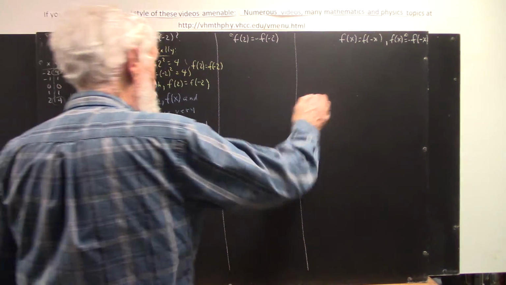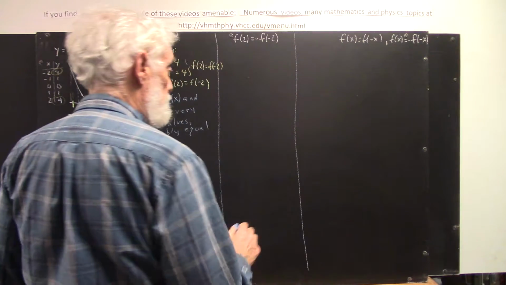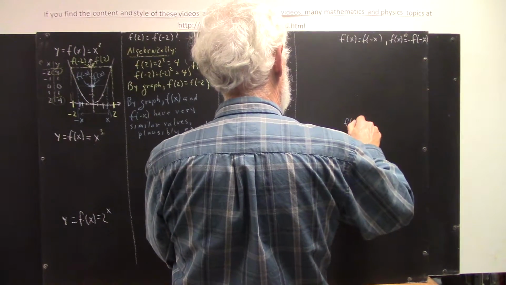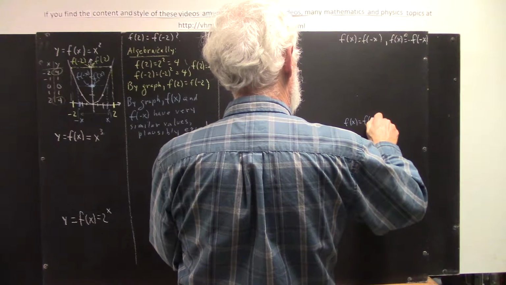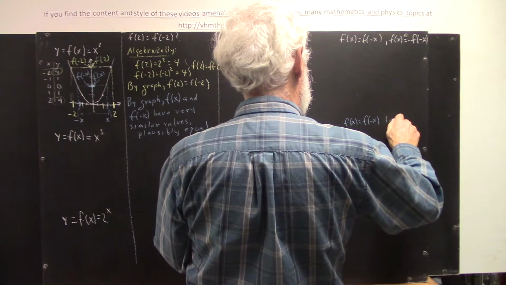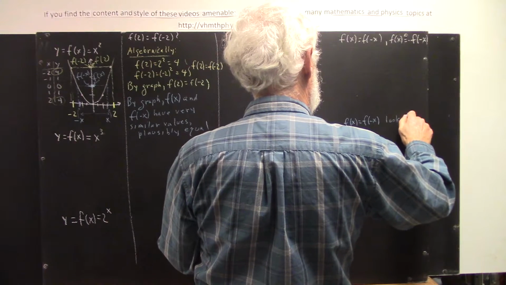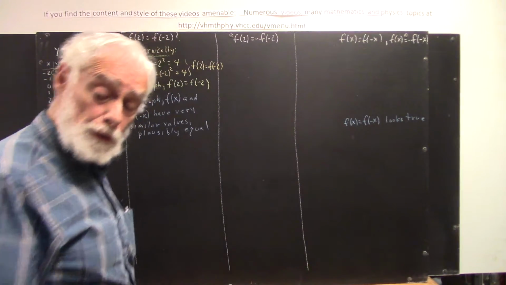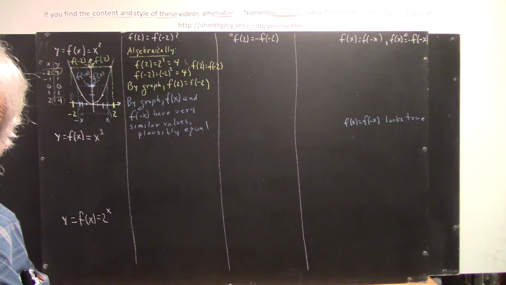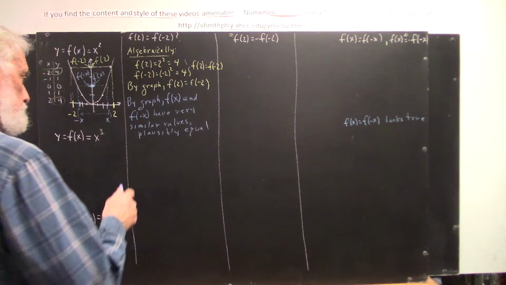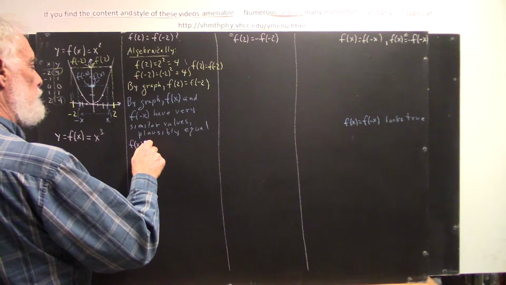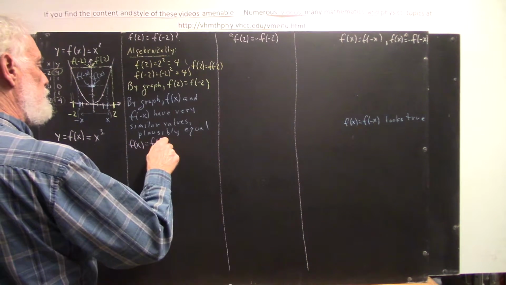Now we have a table over here, and f of x equals f of negative x looks true. I can also go a little further than that. Is f of x equal to f of negative x?